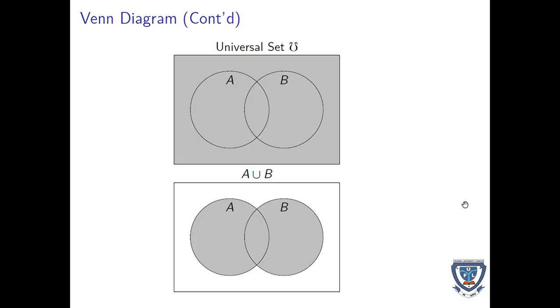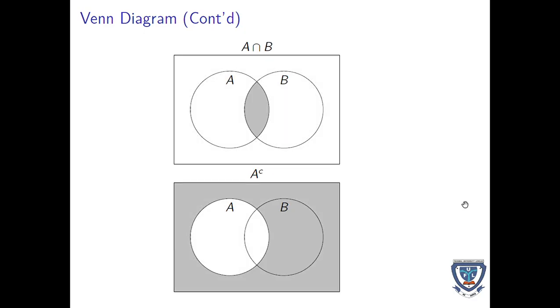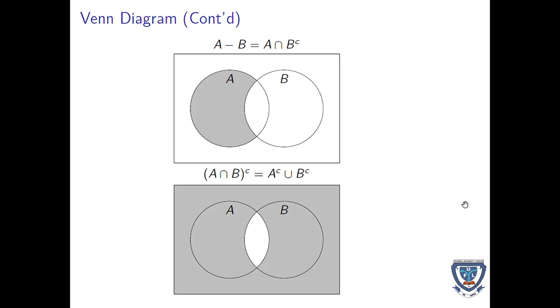Now, if you're asked to shade A union B, that is how we shade it in the second example. You may also be asked to shade A intersection B or A complement. This is how we represent them. You can be asked to shade A difference B, which is equivalent to A intersection B complement. That is how we shade it.